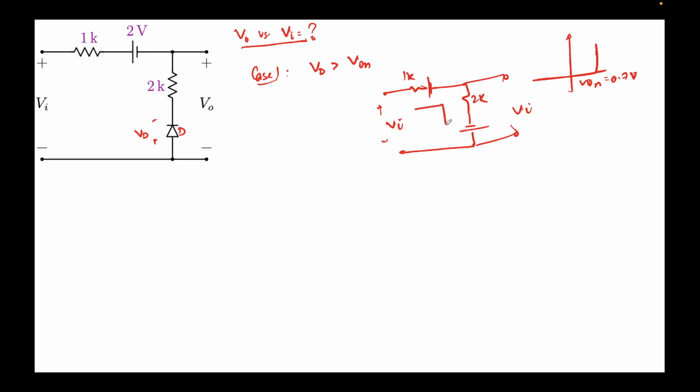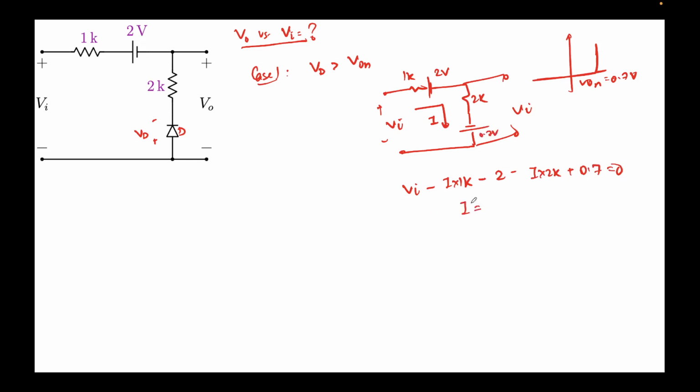Again, assuming a current I is flowing in this circuit, we'll apply KVL and write: VI minus I times 1K, minus 2 volts, minus I times 2K, plus 0.7 equal to 0. The value of this voltage source is 0.7 volts.